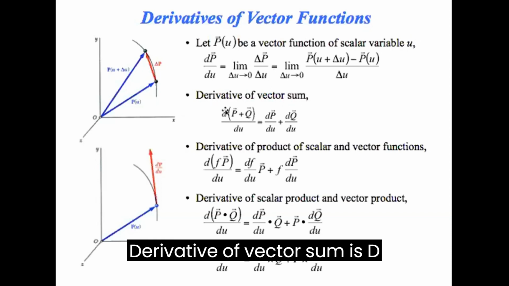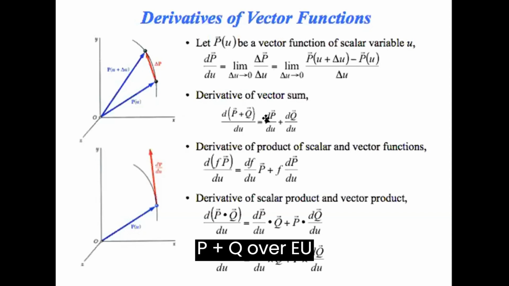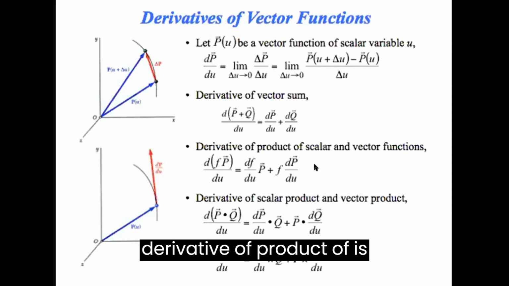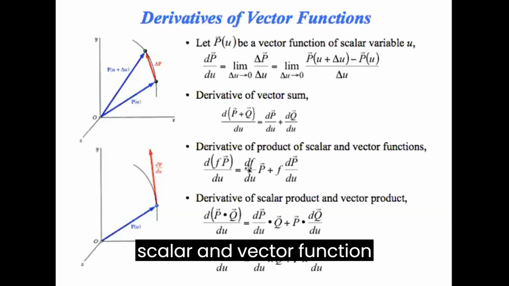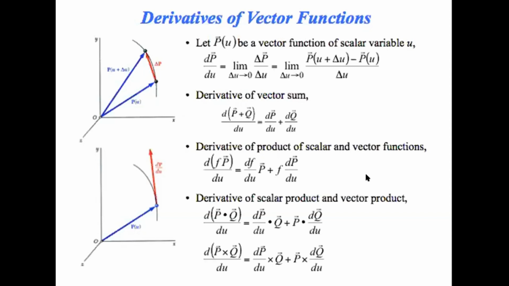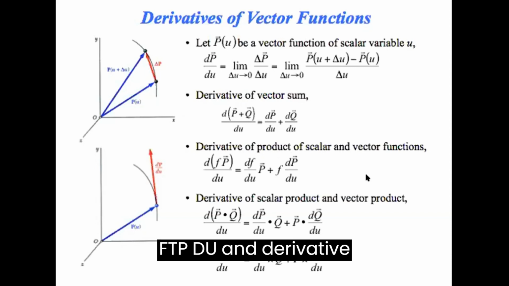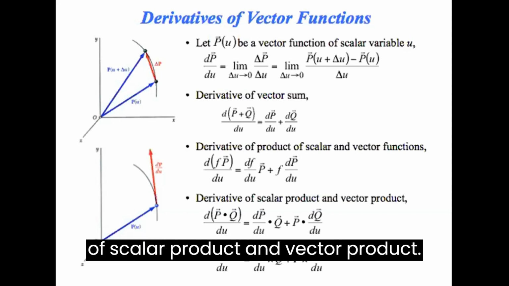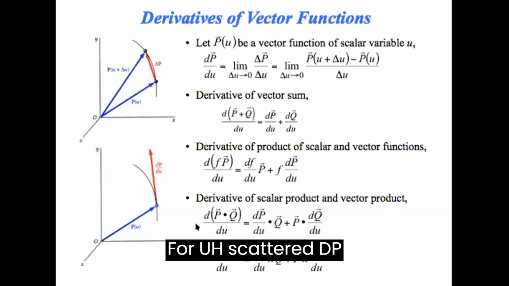The derivative of a vector sum is d(P plus Q)/du equals dP/du plus dQ/du. The derivative of the product of a scalar and vector function is d(fP)/du equals df/du P plus f dP/du. And the derivative of the scalar product is d(P dot Q)/du equals dP/du dot Q plus P dot dQ/du, and the vector product is d(P cross Q)/du equals dP/du cross Q plus P cross dQ/du.